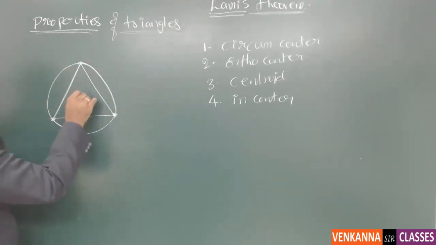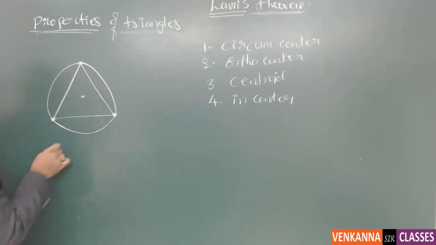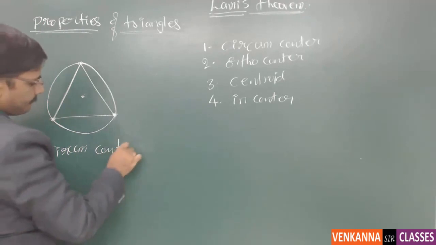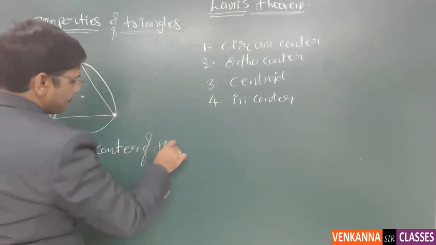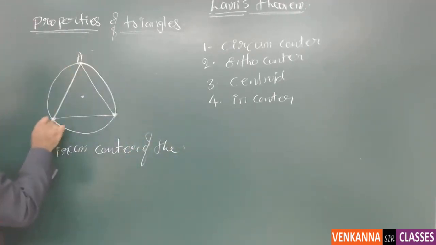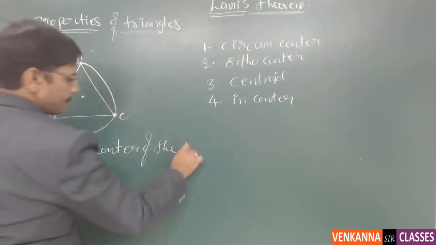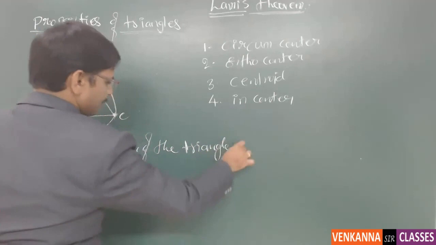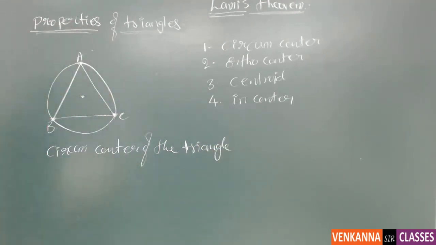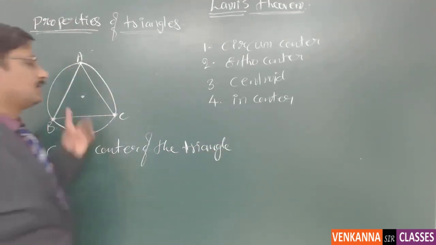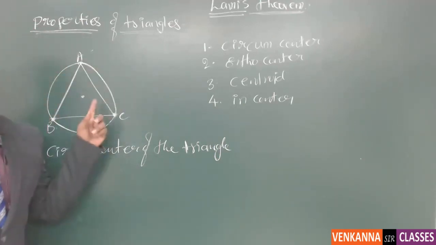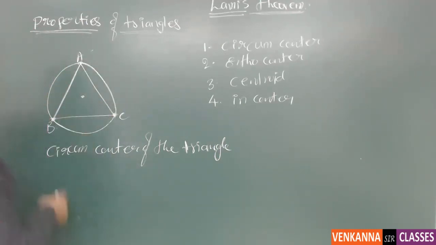This center is called the circumcenter of the triangle. The way we construct this center is by taking the perpendicular bisectors of the sides.